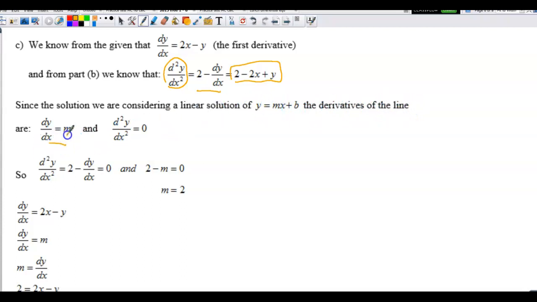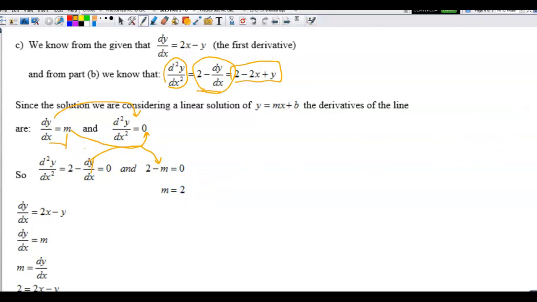We talked about that in the first method. But the second derivative of m is simply 0. Therefore, we can set the second derivative, 2 minus dy/dx, equal to 0. We know that dy/dx is equal to m, so I can substitute that here. And I can quickly find that m is equal to 2.